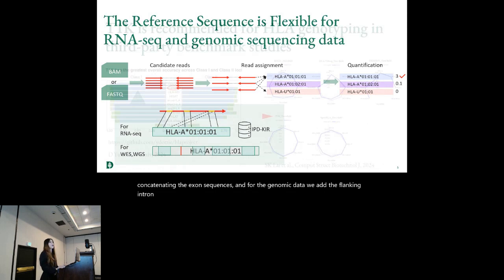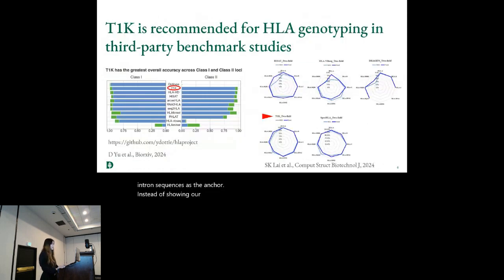Instead of showing our own evaluation results, I present results from unbiased third-party benchmark studies. HLA genotyping is important in immunology studies, so there are numerous benchmark studies comparing genotyping methods. There are 2 such studies after T1K's publication, and T1K ranked top in both of them.